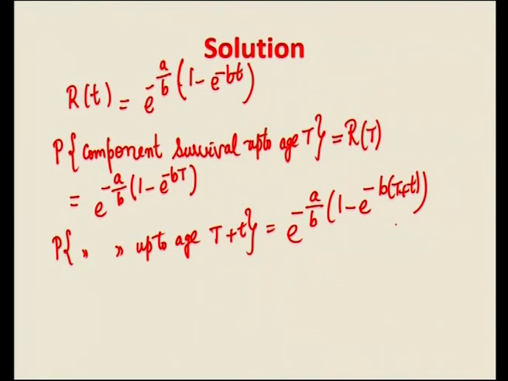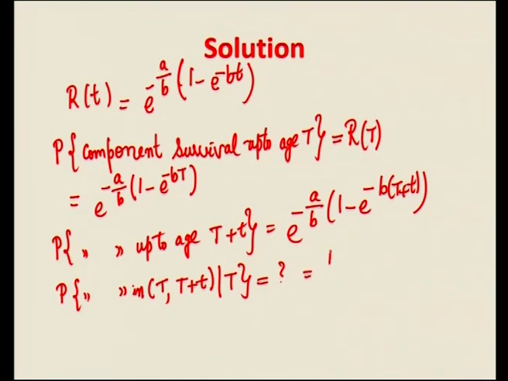Now, using this information, the required quantity is the probability of survival of the component in the age interval t comma capital T plus t, but under the knowledge that it has already survived up to time capital T units of time. So, this is what we are trying to find.